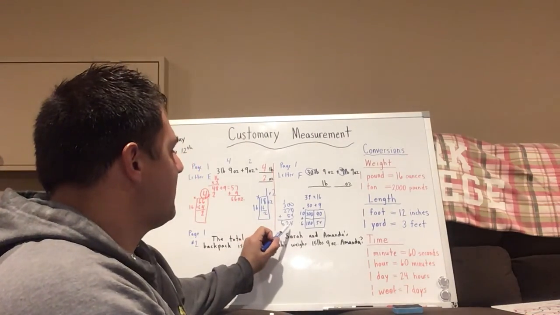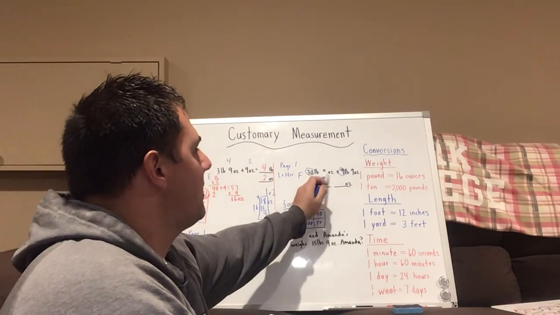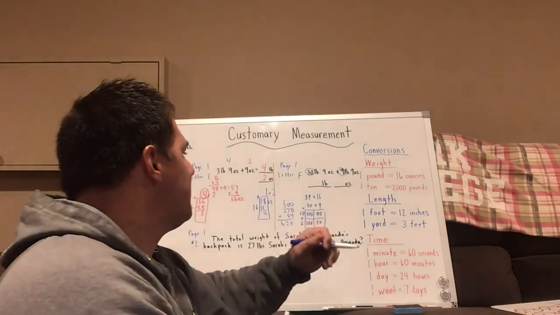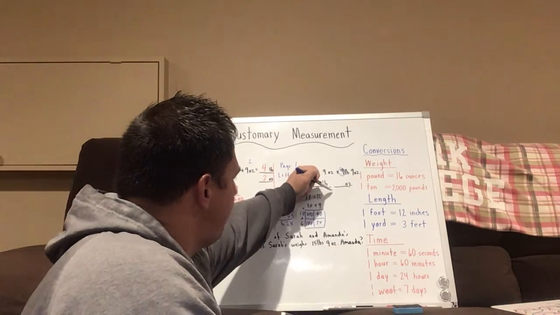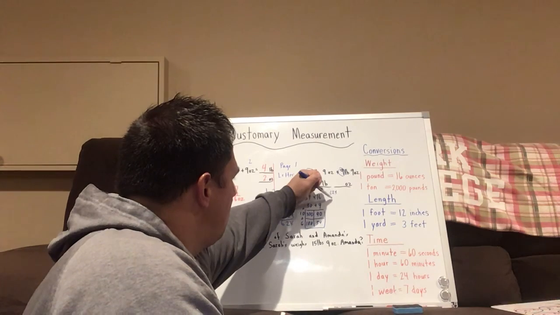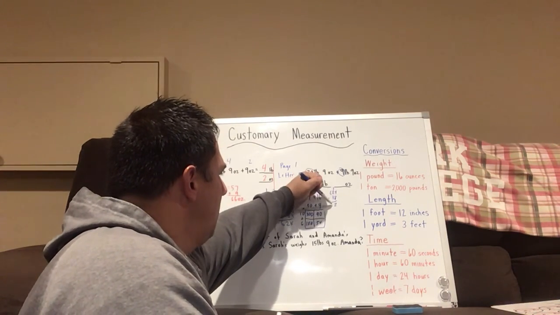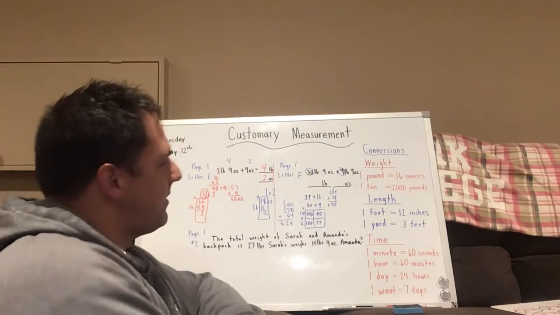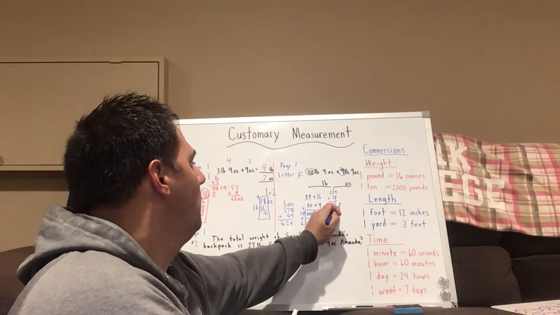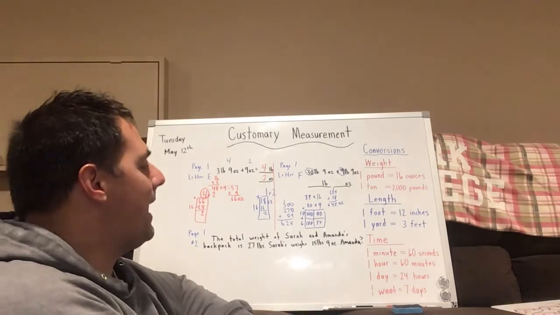And now I'm going to take this 624 and add it to the 9 ounces and the 9 ounces, or 18. So 624 plus 18, 4 plus 8 is 12, is 642. So that's my total amount of ounces.